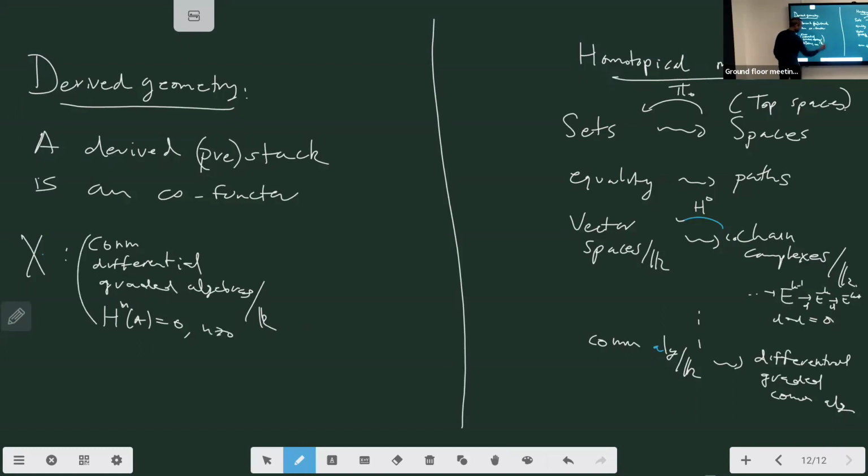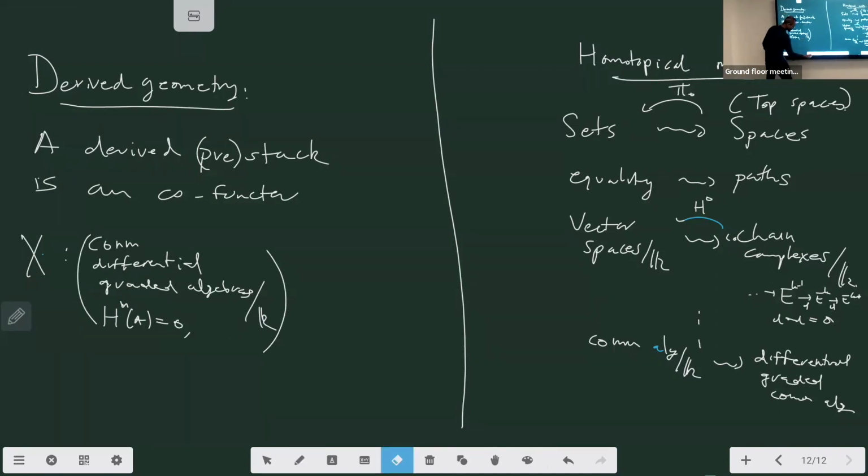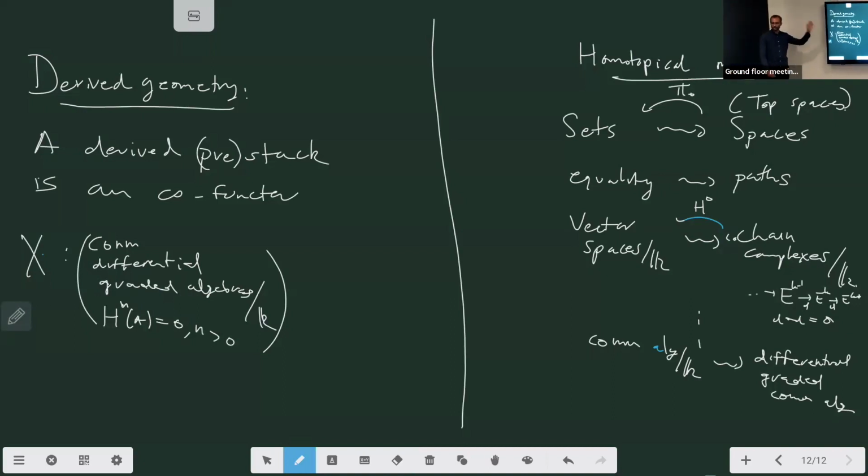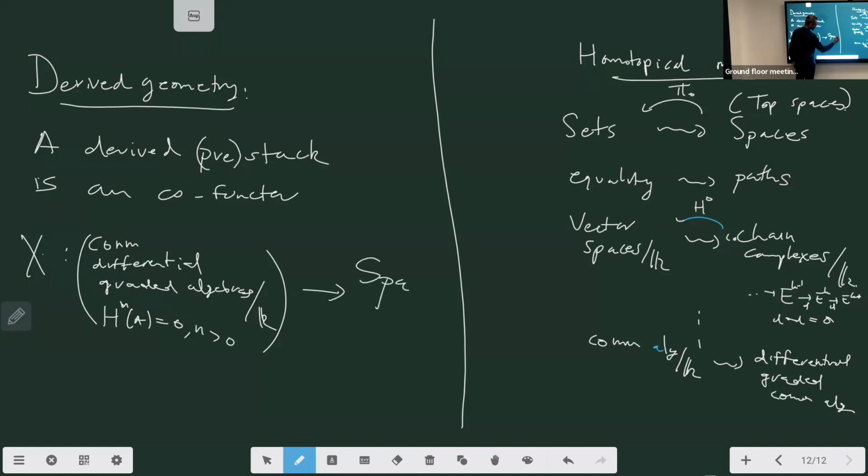So these are called connective commutative algebras. You shouldn't have cohomology in strictly positive degrees, although cohomology is in negative degrees, and my differential is increasing the degree. So these are called connective differential graded algebras, to spaces. So this is a prestack, or a moduli problem, or derived moduli problem.